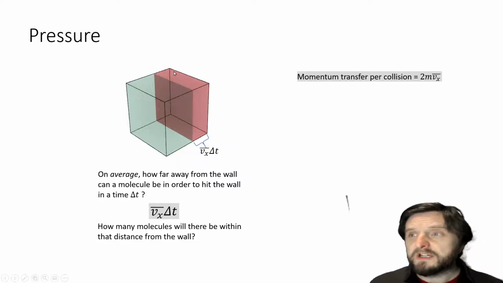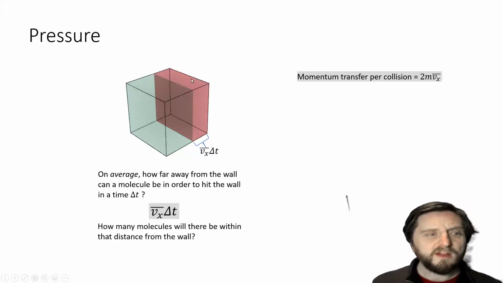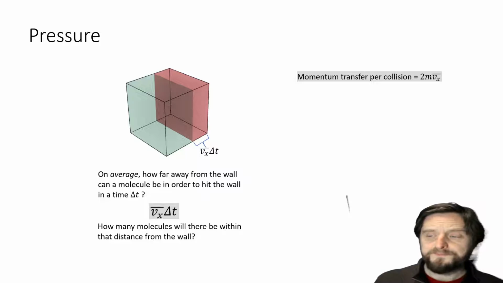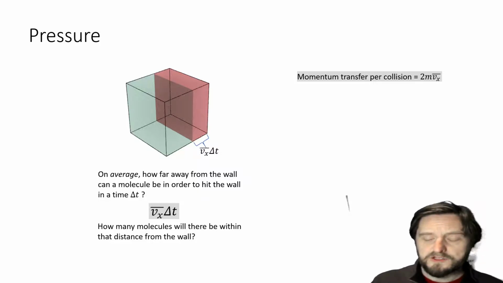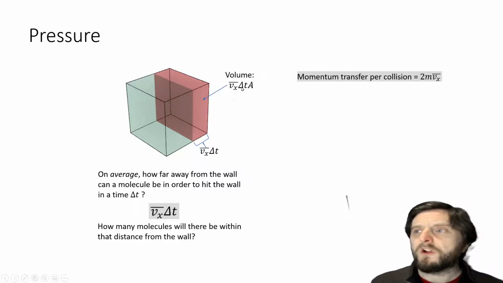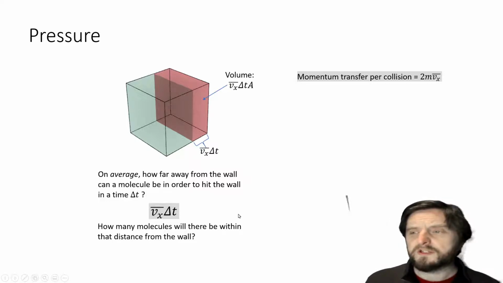Well, if they're evenly distributed, all we need to know is the volume of that little pink bit there. The volume of that little pink bit is going to give us the number of molecules. The volume of that is this thickness, average velocity times delta t, times the area of that end wall. So this is the volume of molecules which can hit the wall in that time.